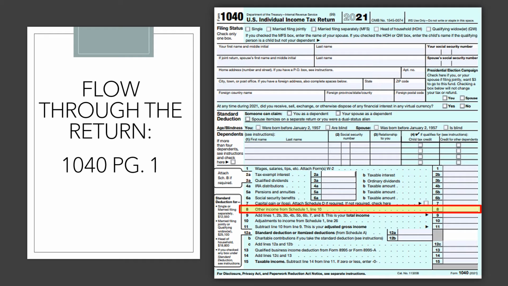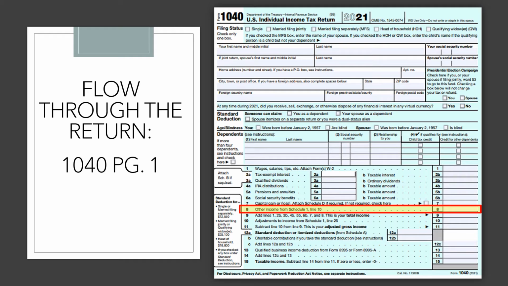And here we are on 1040, page 1 and line 8 there, other income from Schedule 1, line 10. And you might notice that this line comes before we get to our adjusted gross income line.